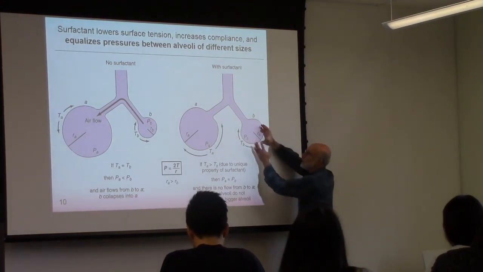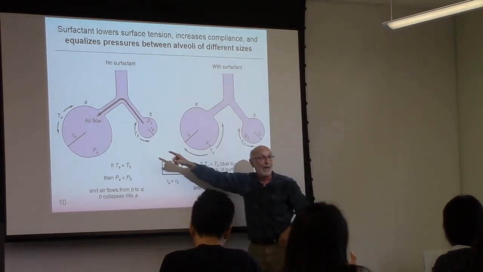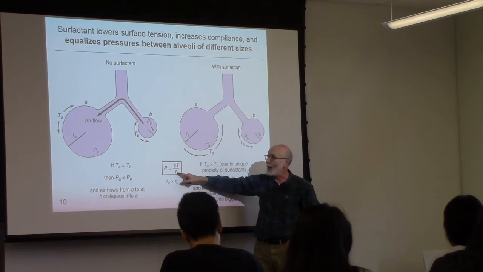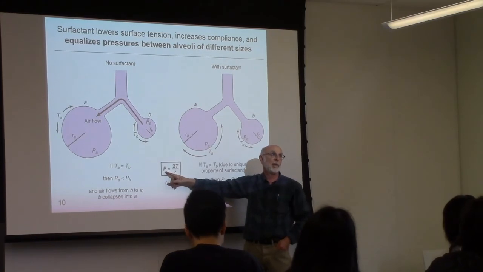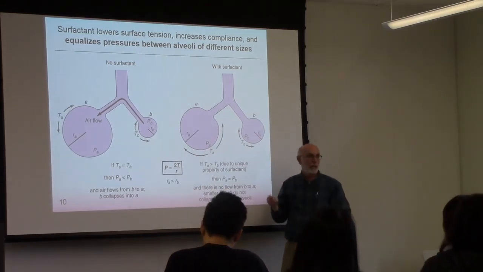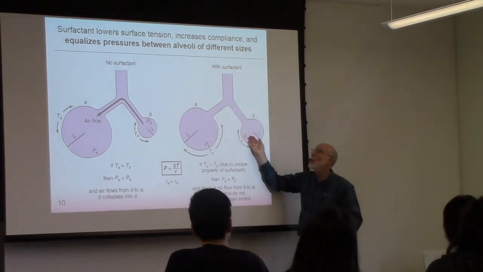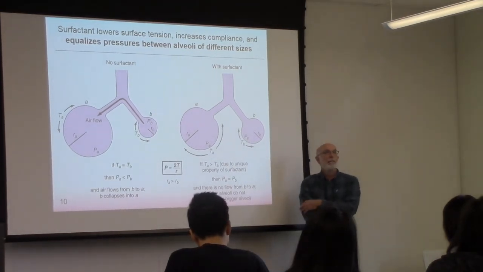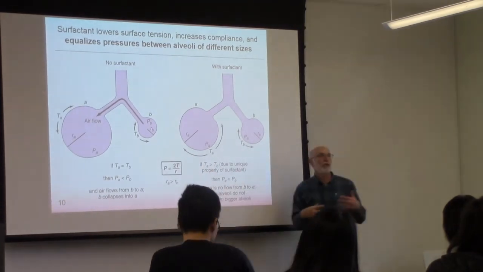So if this bubble were tending to collapse because of the physics, its surface tension would go down also. The radius is going down, but the surface tension is going down, and so the pressure is not going down. There's no pressure differential. And so the small alveoli can coexist with the big alveoli because surfactant breaks the physical law by decreasing surface tension in proportion to the amount of surfactant.